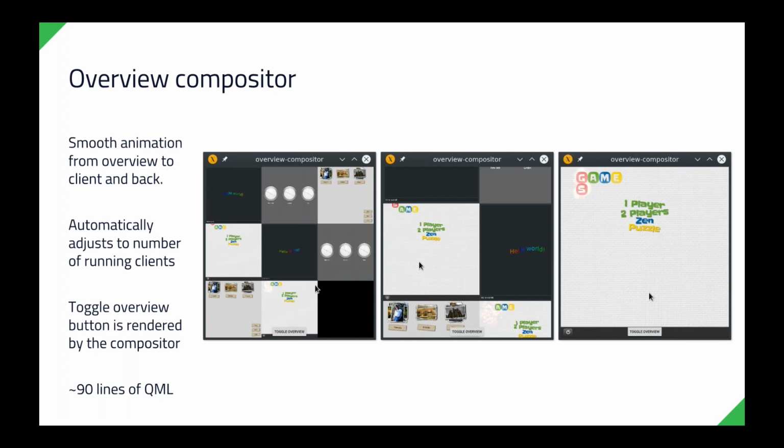And here is an overview compositor. Again, I'm just showing this to give an idea of things you can do, or maybe you'll get some ideas for what you can do with this. This is a single window compositor. I've just shown 3 frames because I can actually show the animation here. The compositor shows an overview of all the running applications. So in this case, there's 8 applications running, and they're all as big as the screen.